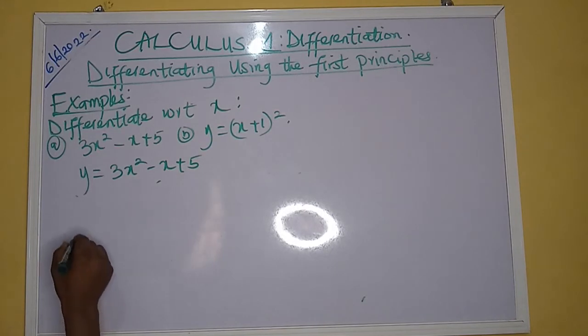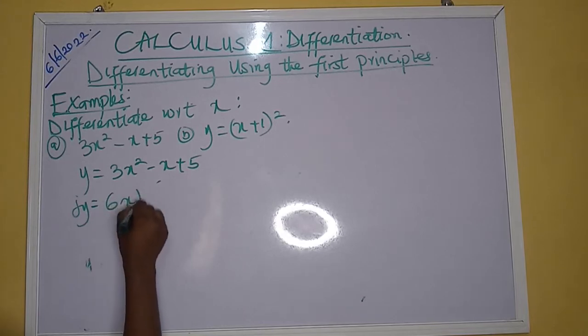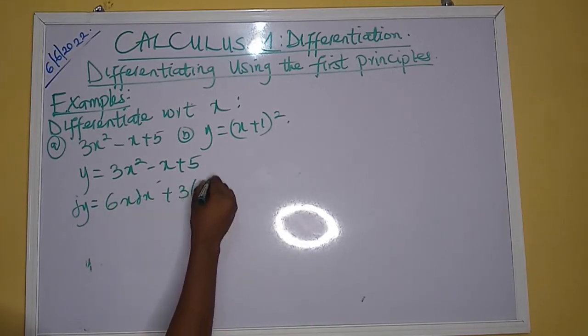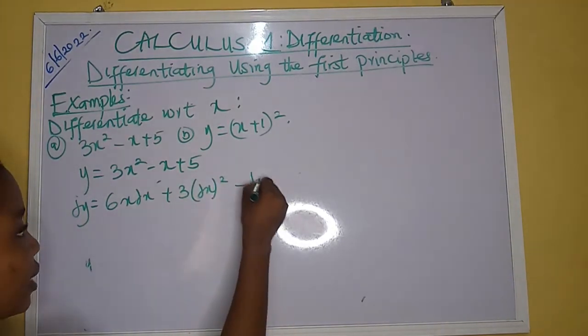So we have dy now becomes 6x dx plus 3 dx squared minus dx.